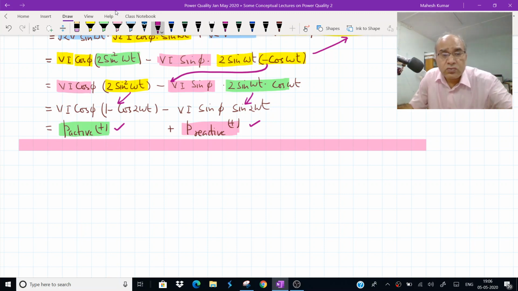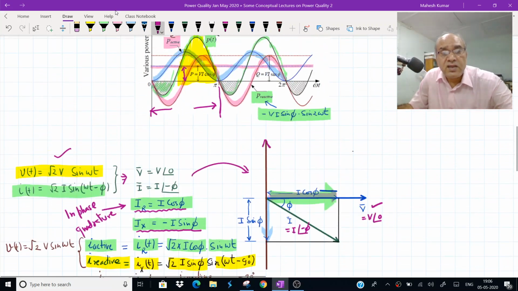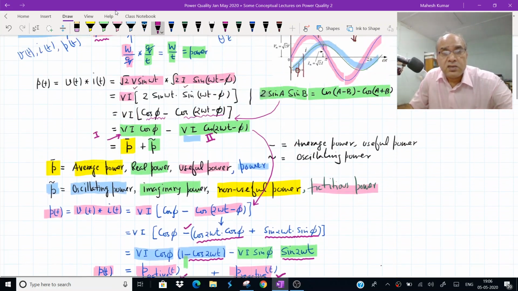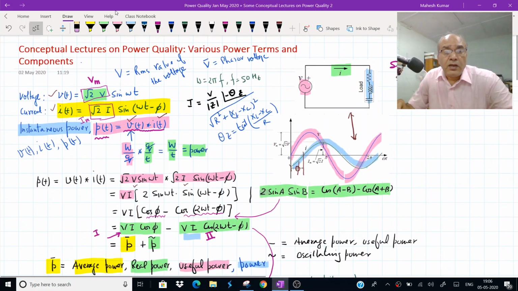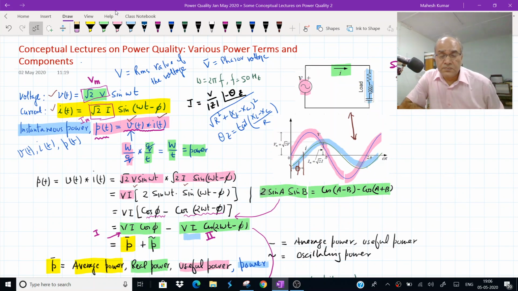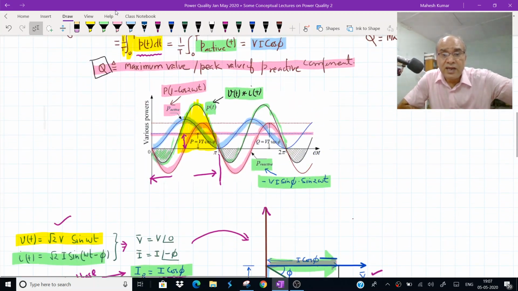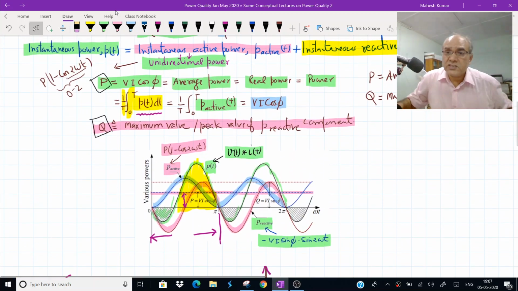So now you understood today the various components of power in a single phase circuit and their interpretations. One thing I have to add here, that I did not discuss the dimensions of these powers.